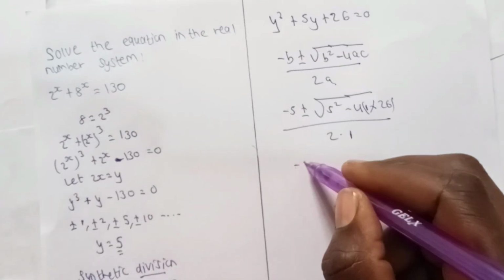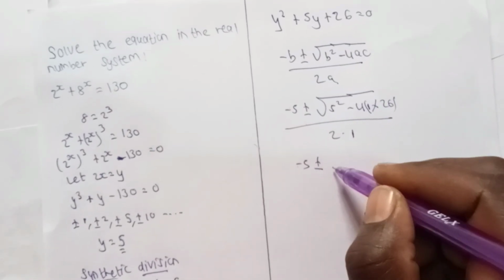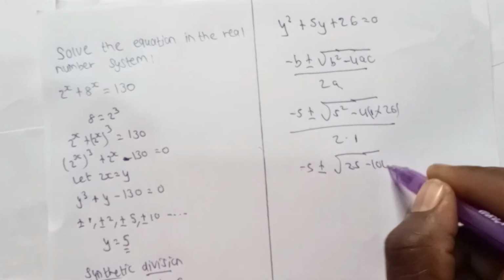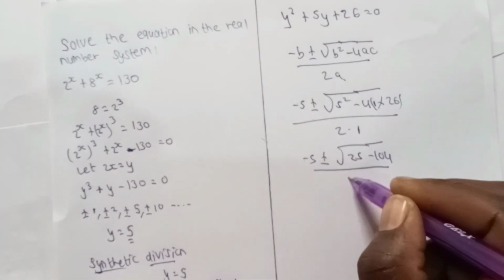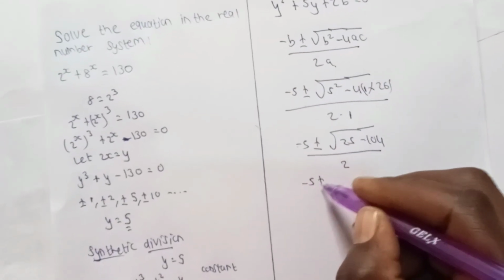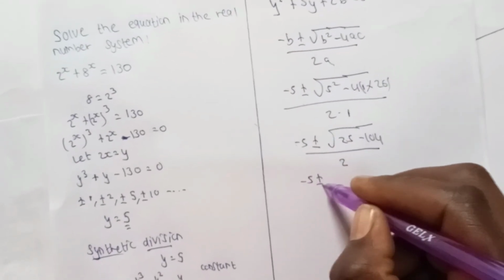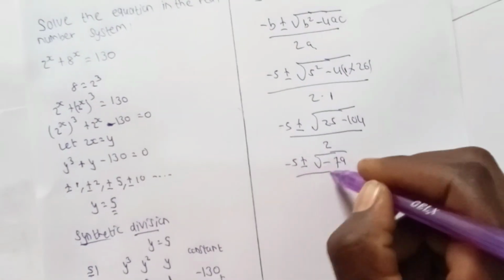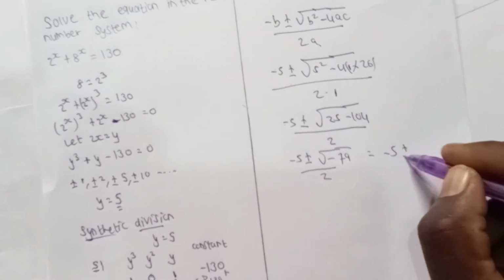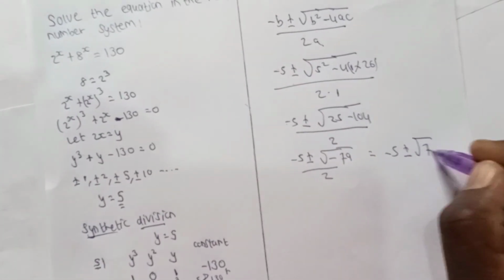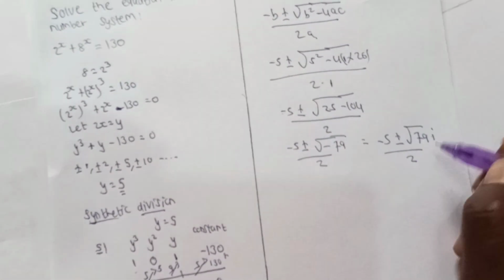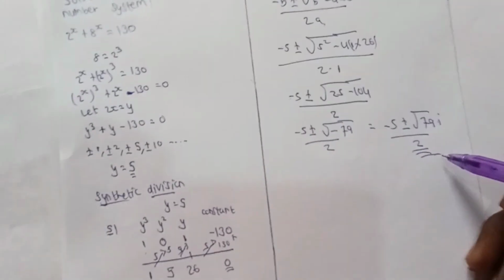So we have negative 5 plus or minus square root of 25 minus 104, all over 2. Further we have negative 5 plus or minus square root of negative 79, all over 2. So we can see our next y is complex, which is not a real number.